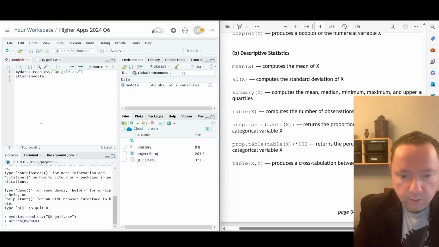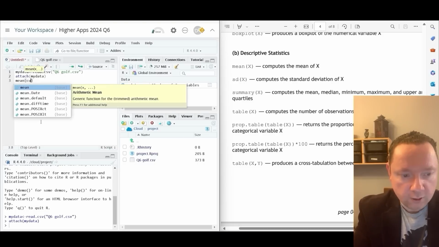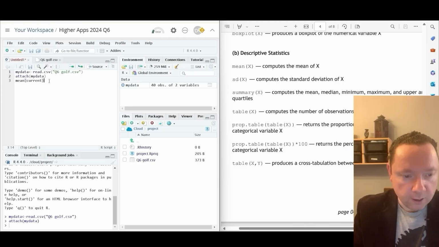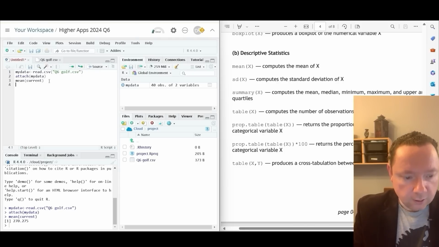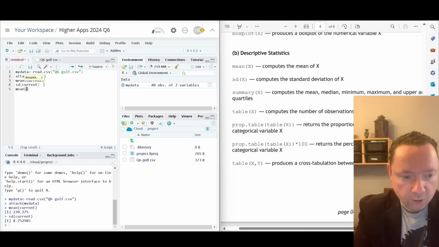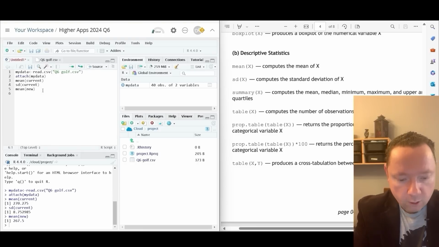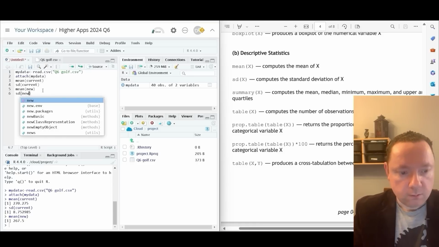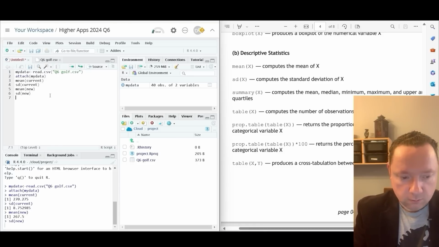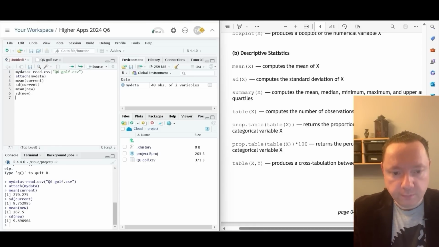So back to this. We want mean of current, standard deviation of current, and then we want mean of new and standard deviation of new. So we get all that.